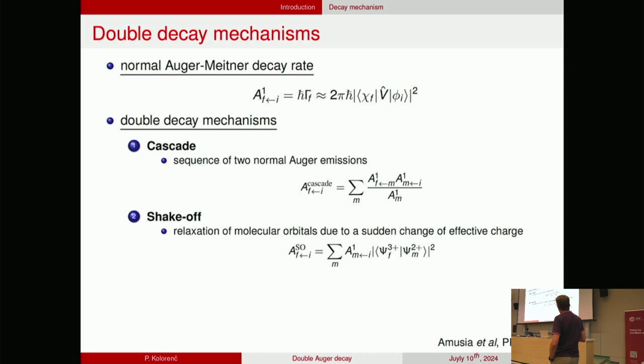More interesting is the so-called direct emission of 2 electrons, which has 2 origins. One of them is shake-off, which corresponds to the situation that when the first Auger electron goes away, the remaining molecular or atomic orbitals shrink, and another electron can actually find itself in the continuum.